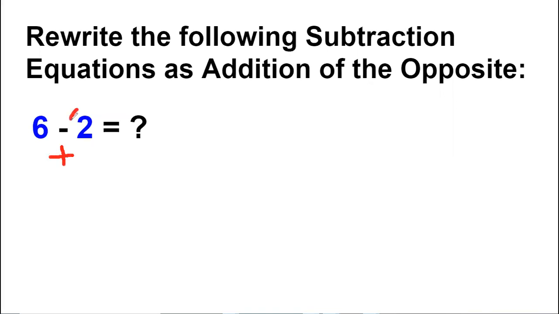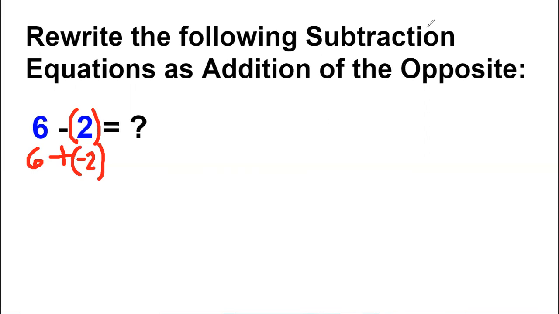I'm going to put my imaginary parentheses around my 2, and I'm going to say that's a positive 2. I want to change it to the opposite of a positive 2. It's going to be 6 plus, what's the opposite of a positive 2? Right, negative 2, the additive inverse. So 6 minus 2 is the same as 6 plus negative 2.